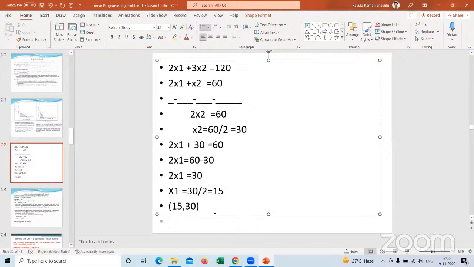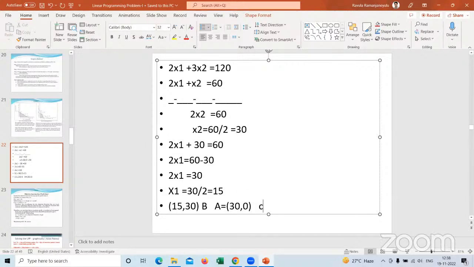These are the two coordinates of the intersecting point, which we assumed as point B. A coordinates, if you consider, we are having 30, 0.